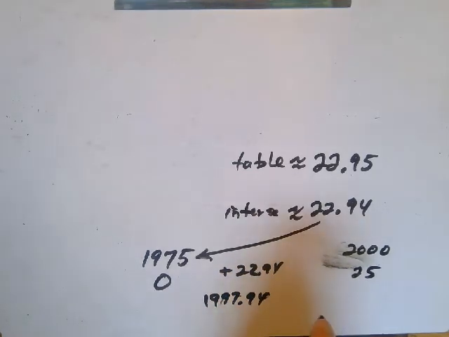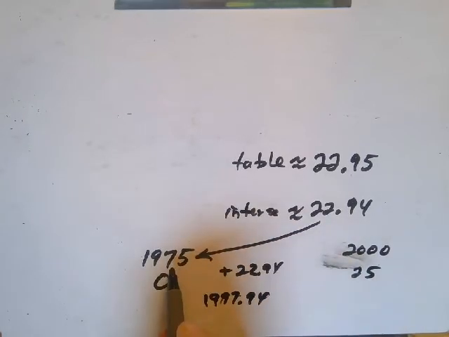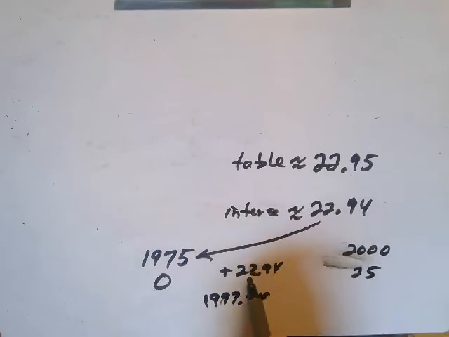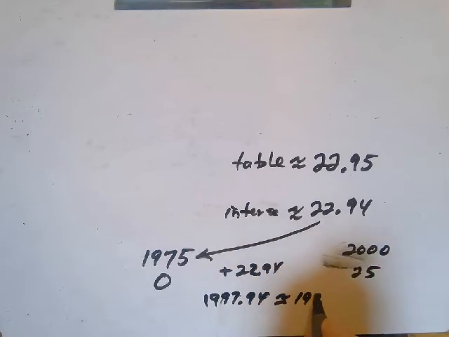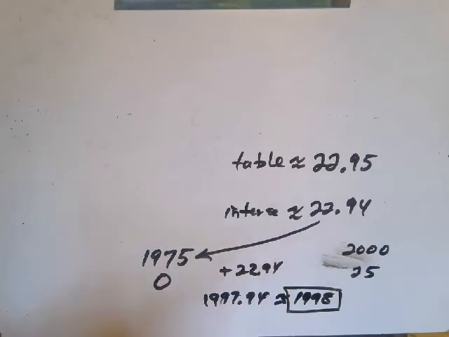So the year's about 1997. This is about 23, so that's closer actually to the year 1998. So in 1998, salaries typically increased to $1 million. Remember, that's 1,000,000. Now this was a long problem, but the calculator sure made it a lot easier to do that.